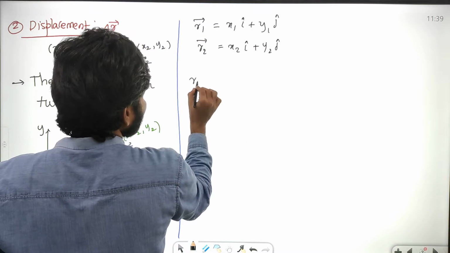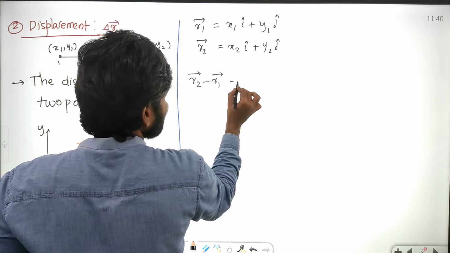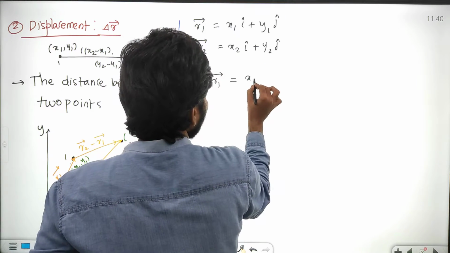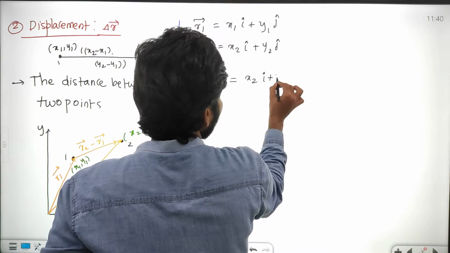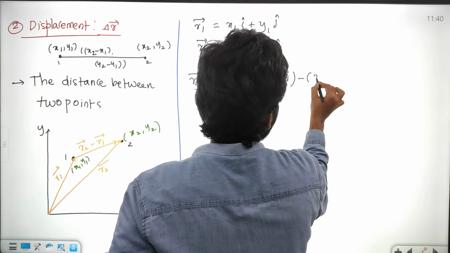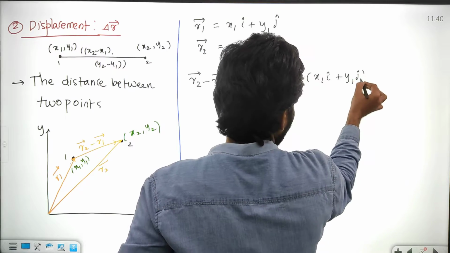See, the displacement formula is this one: r2 vector minus r1 vector. So this is x2 i cap plus y2 j cap, minus x1 i cap plus y1 j cap.